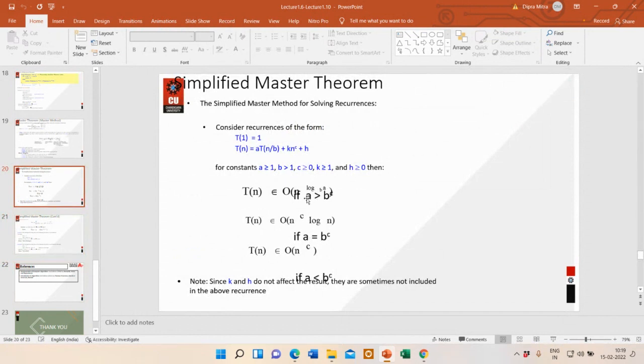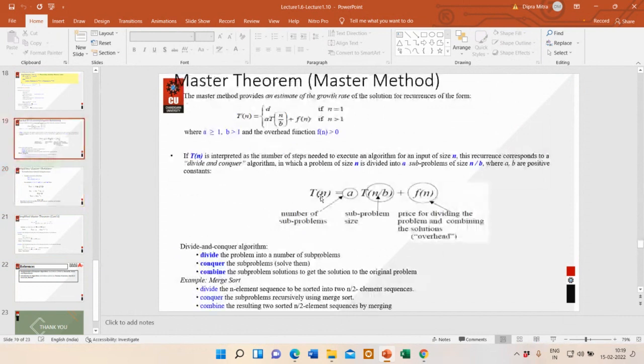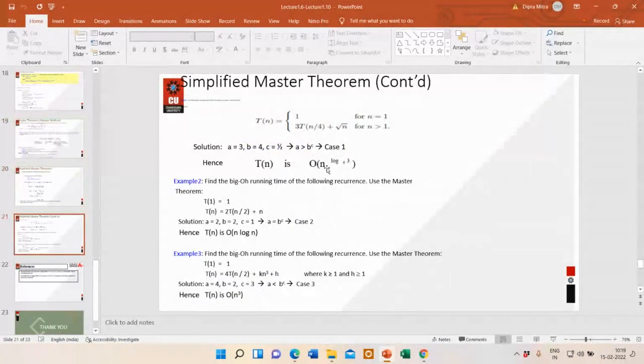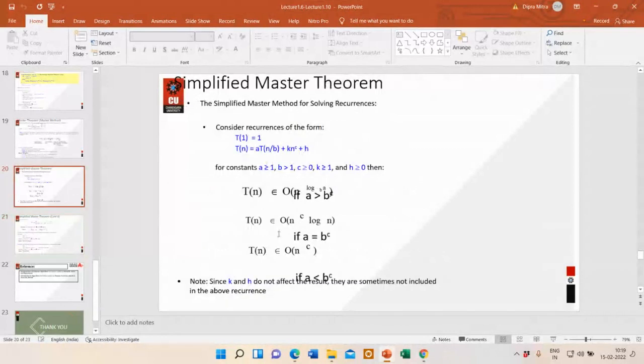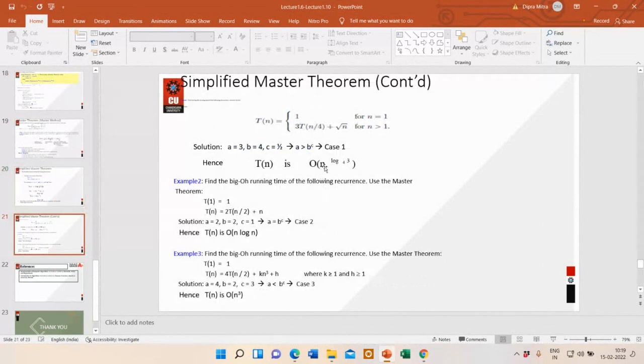Then the complexity would be n to the power log b to the base a, where a is 3 and b is 4. It is not written correctly, so this is the correct form.